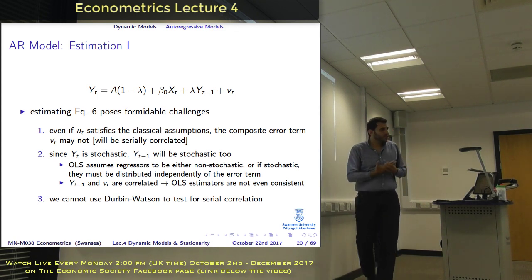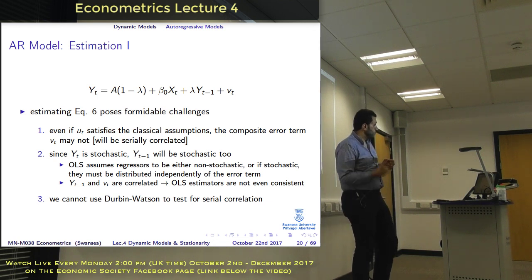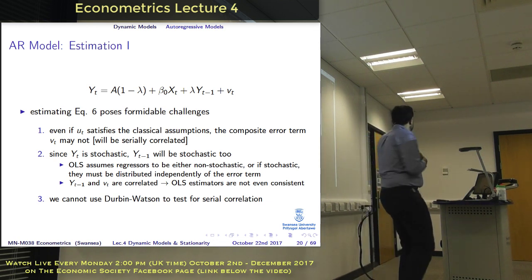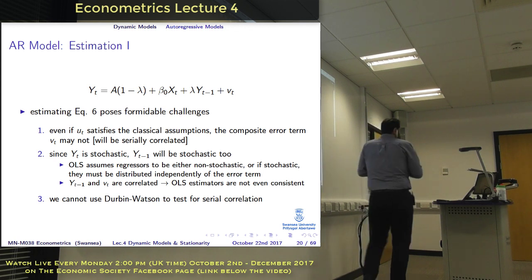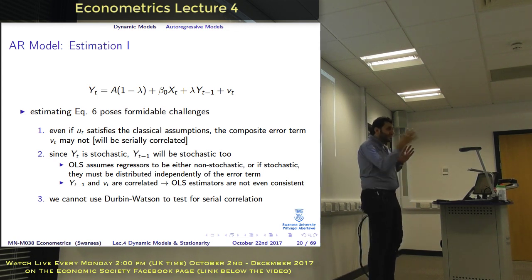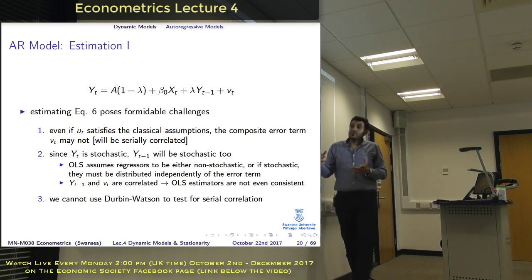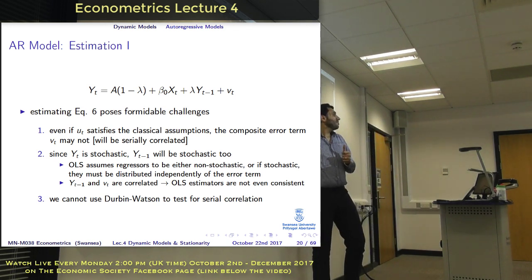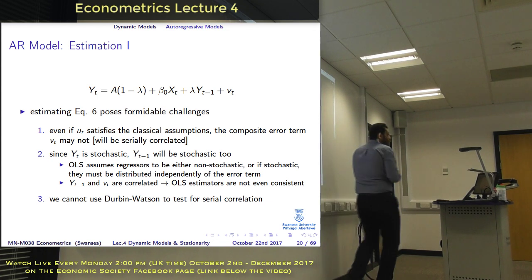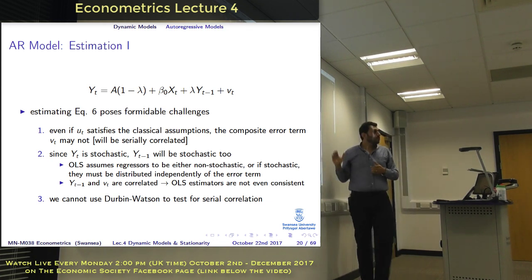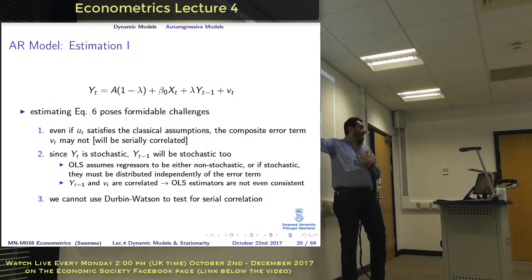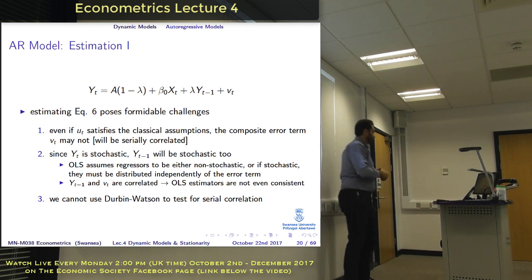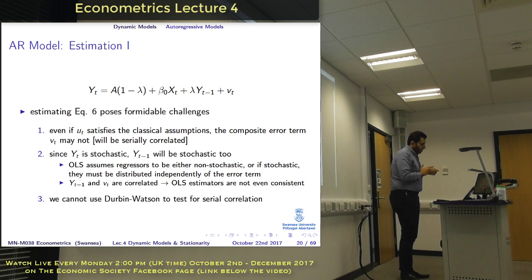One of the classical linear regression model assumptions we discussed in the first lecture is that the regressors, meaning the variables on the right-hand side, shouldn't be stochastic. And given that YT, the dependent variable, is stochastic, then YT minus 1, which is now among the regressors, is stochastic too. So that is a key problem.